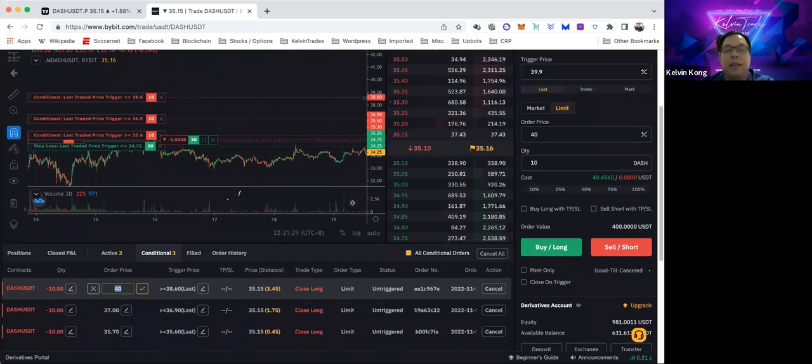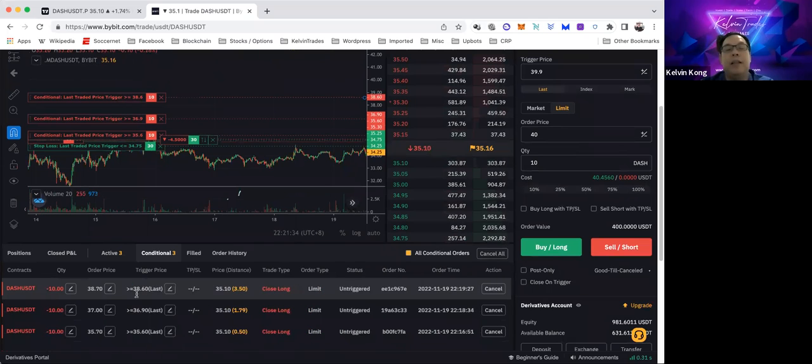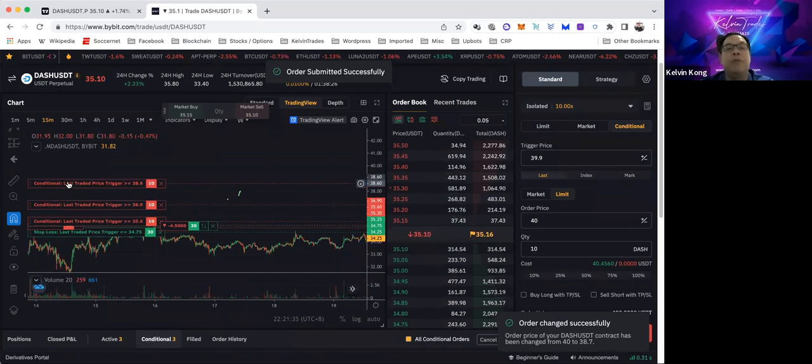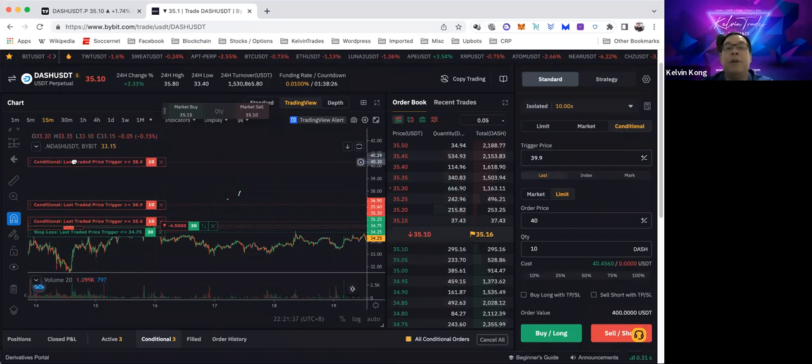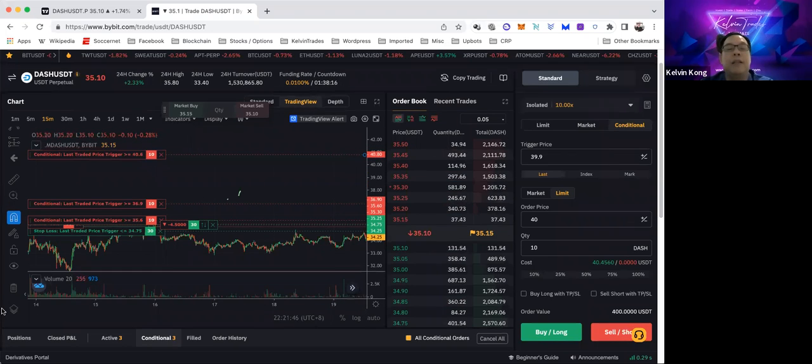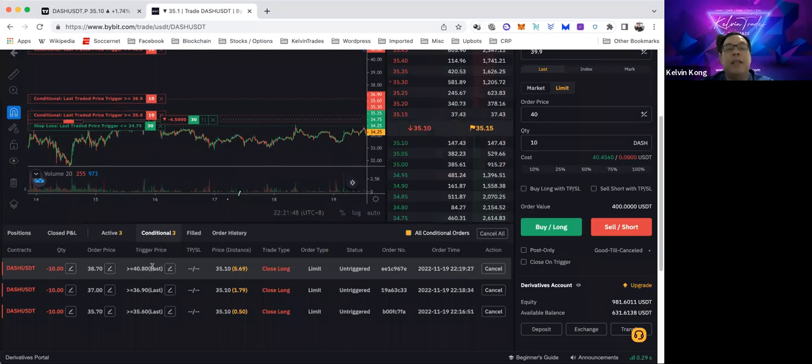38.7, then click this tick. Or if you want to move it back higher, let's say you want $41, your trigger price will move all the way to, let's say, $40.80. So over here it's $40.80, but your order price is still at 38.7, which is nonsense, right?